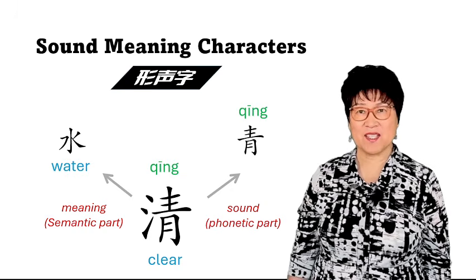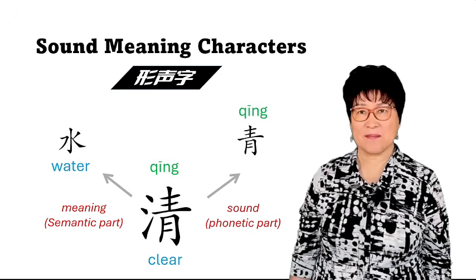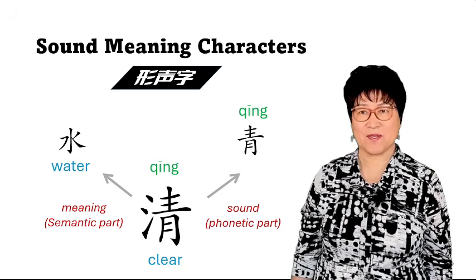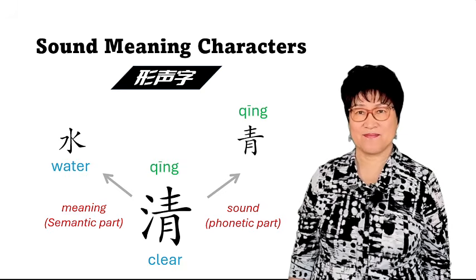Now I'm going to introduce one more single component character before I show you some examples. What is this? Does it look like a horse? Yes, this is the earliest symbol we found for horse. The oldest Chinese characters were carved onto animal bones and turtle shells, so we call them oracle bone script.